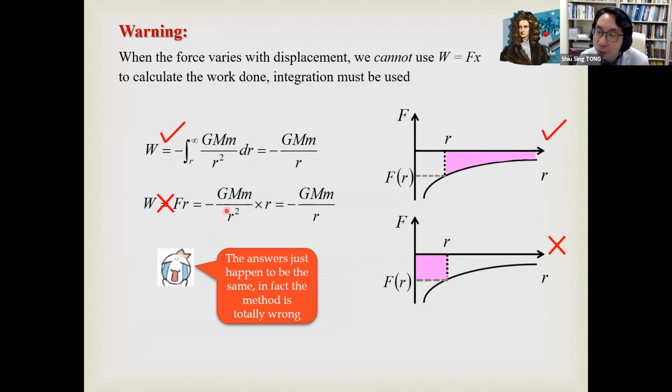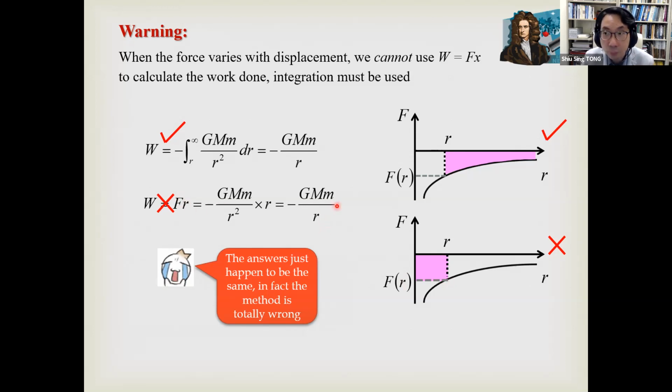But it totally does not make sense to write the work done like this, because the work done is a continuous process. You have to consider the work done by the Superman in holding the apple step by step from infinity to the present position. You have to do an integration. You cannot just multiply the final force with the final distance from the center of Earth to find the work done.